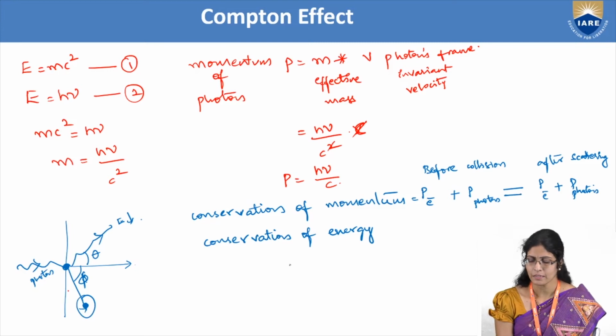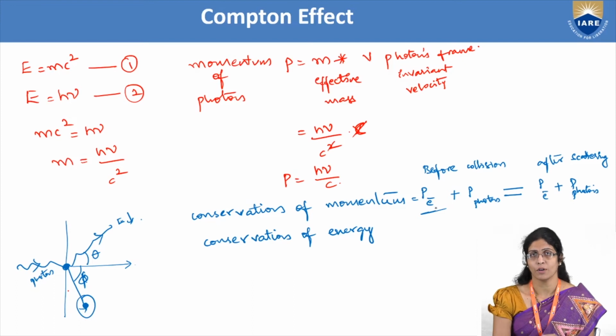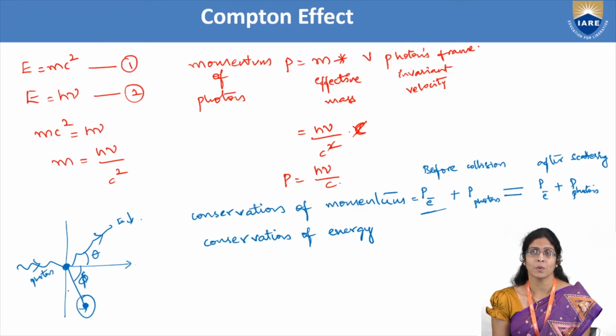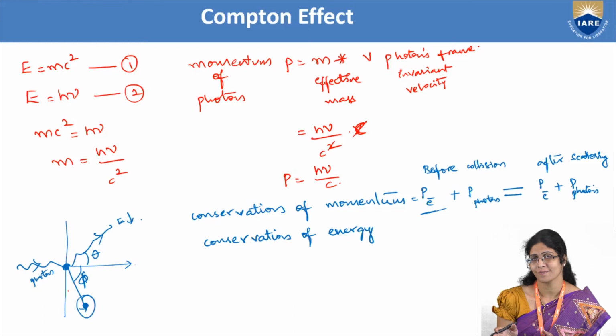Of course, here he has taken the electron's initial momentum as 0 for his further considerations to get the final formula, which will arrive at the next slide. The same with the energy. The sum of the energy of the incident photon and the electron which is at rest should be equal to the sum of the energy of the recoiled electron and the scattered photon. Okay, hope you have understood this.